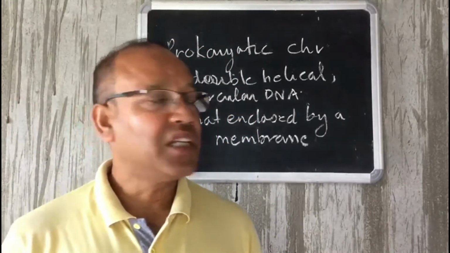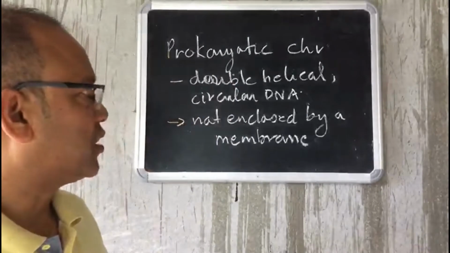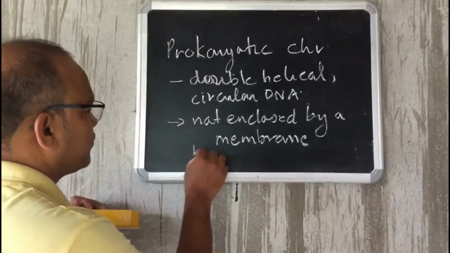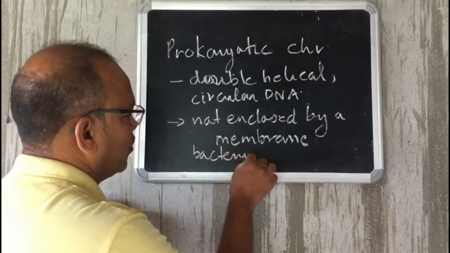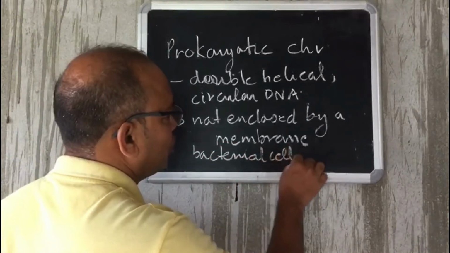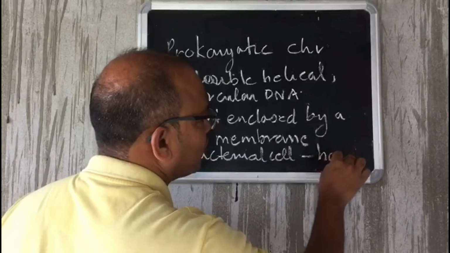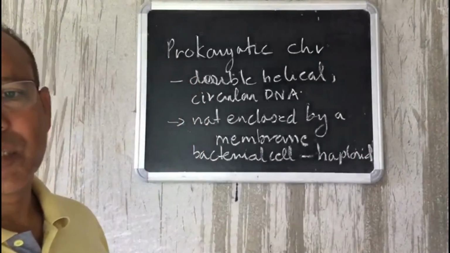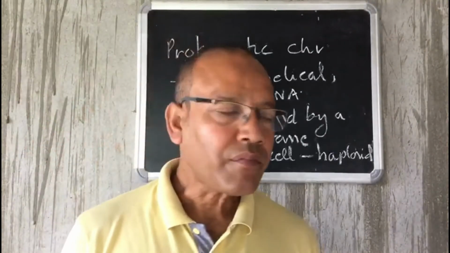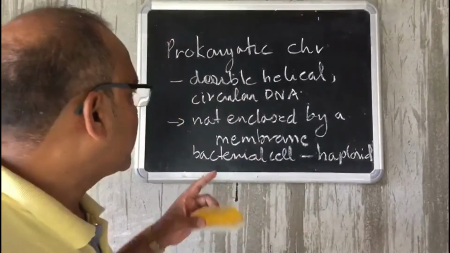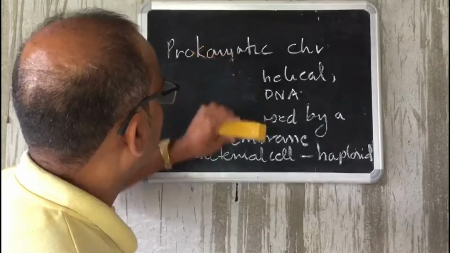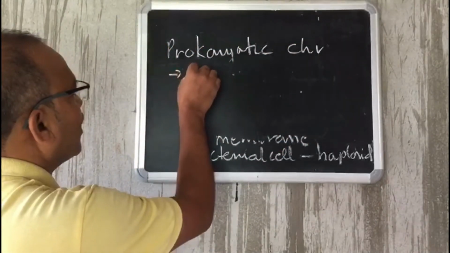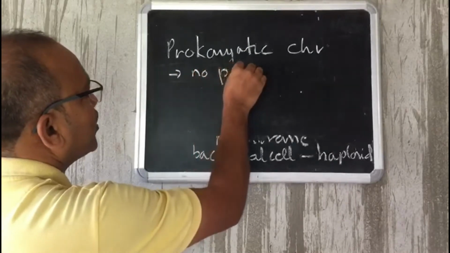That means bacterial cell is always in a haploid state. Obviously, there is no protein.